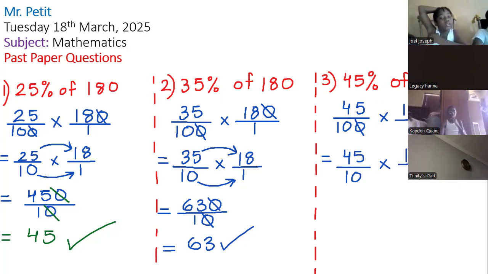Very good. Times 18 over 1. Now we have to multiply it. Very good. It's going to be equal to.